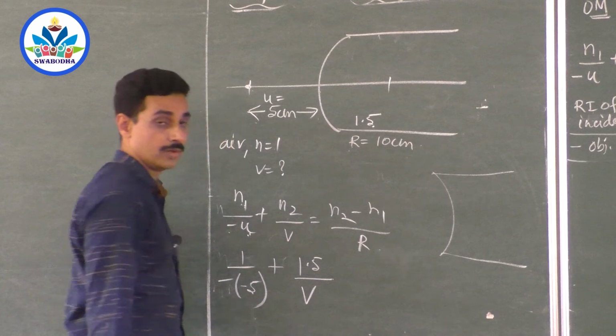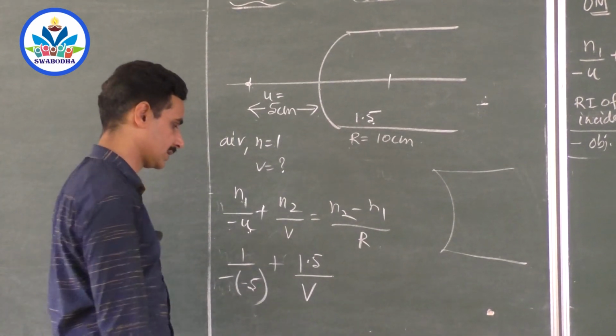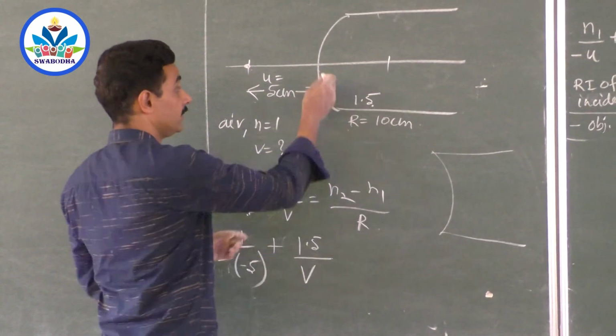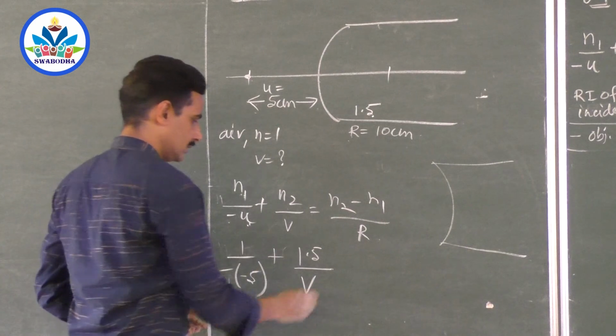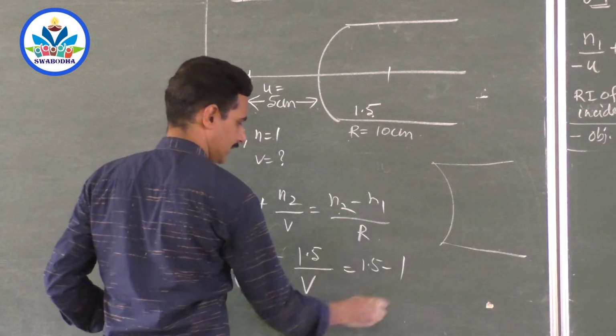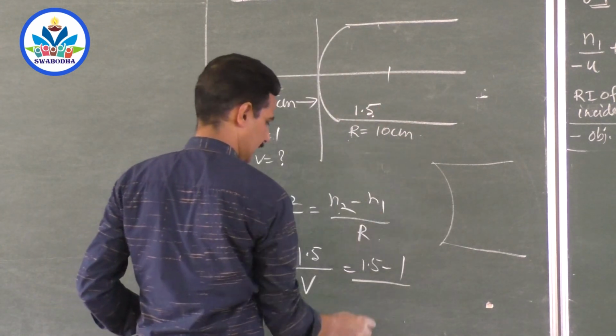We don't know whether it is plus or minus; according to the situation we will get plus or minus. Image may be formed somewhere else also. That is equal to refracting medium minus incident medium by radius. Radius is on the right hand side, it is plus only, it is 10.